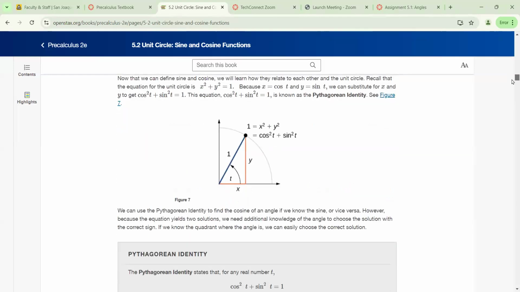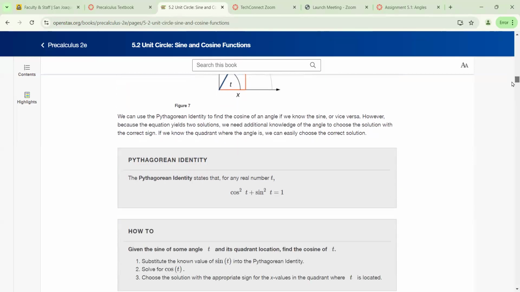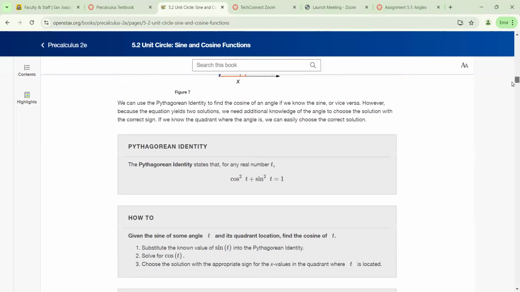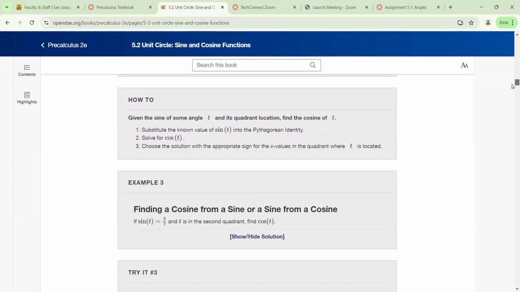So this is the thing I showed you, cos square t plus sine square t is equal to 1, or x square plus y square is equal to 1, Pythagorean identity. And we use those identities to solve for your quadrant 1.